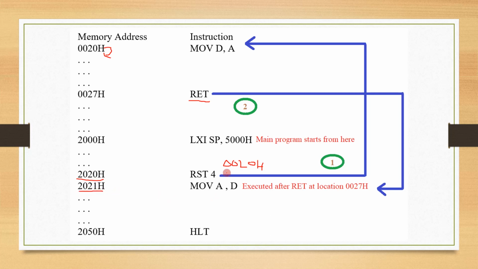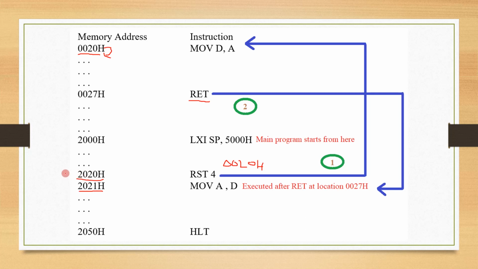As you know, before jumping to 0020H, the processor will store, as we know, the program counter and stack pointer. The program counter points to the address of the next instruction to be executed.